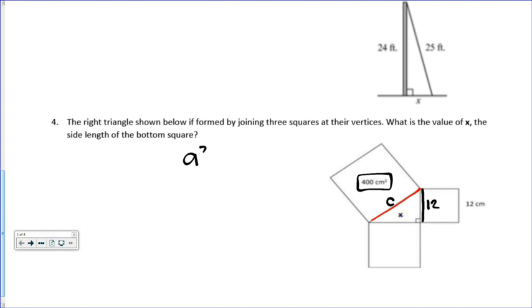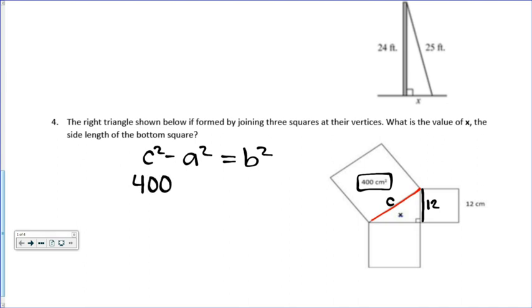I know my hypotenuse, so I'm going to use c squared minus a squared equals b squared. I know that the area of that square is 400. If I find the square root of 400, I get 20, and I could plug that in for c, and then 20 squared is 400. So that work's already done for you.